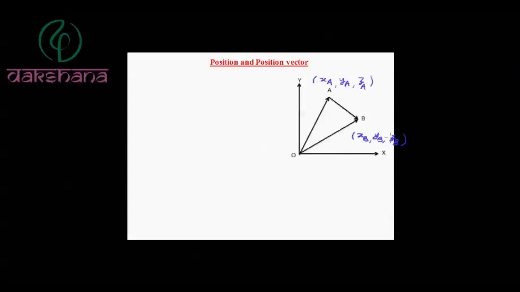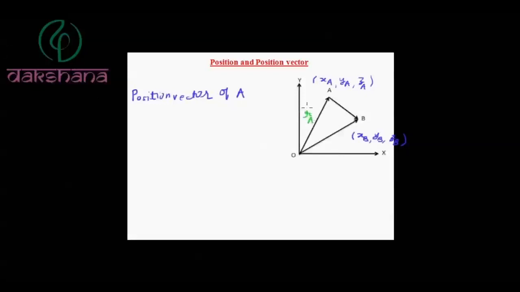So now how do we define the position vector? The position vector is defined as the vector joining the origin to the point we are interested in. Say the position vector of A: if an object at A has a position vector, a vector pointing towards A starting from the origin, let's say it is RA.